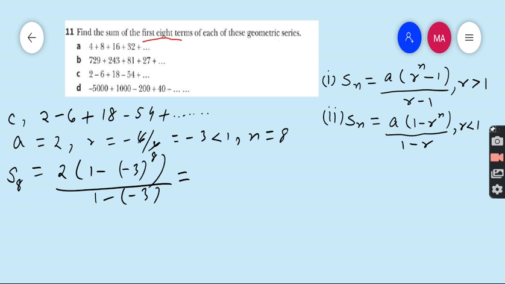The final answer is minus 3280. This is our final answer. So very easy parts.